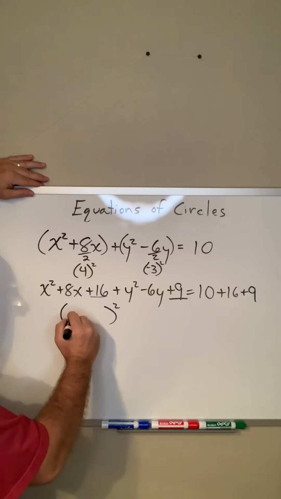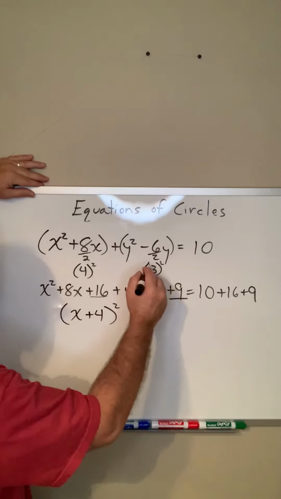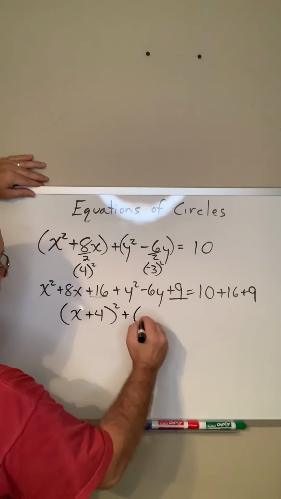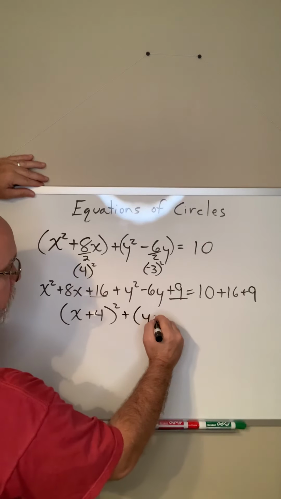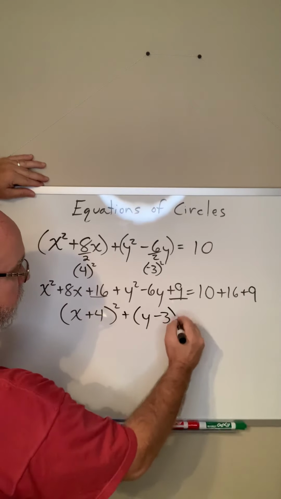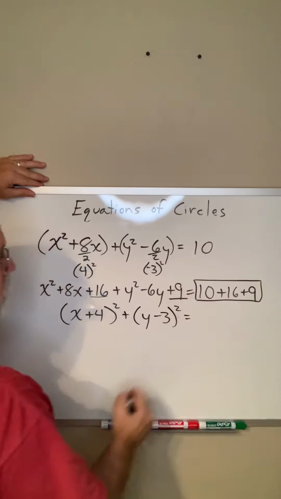So we used 4 here, so this would be (x + 4)² plus, and we had our y. We had negative 3 that we used, so it's going to be (y − 3)², and it's going to equal all of this combined together.